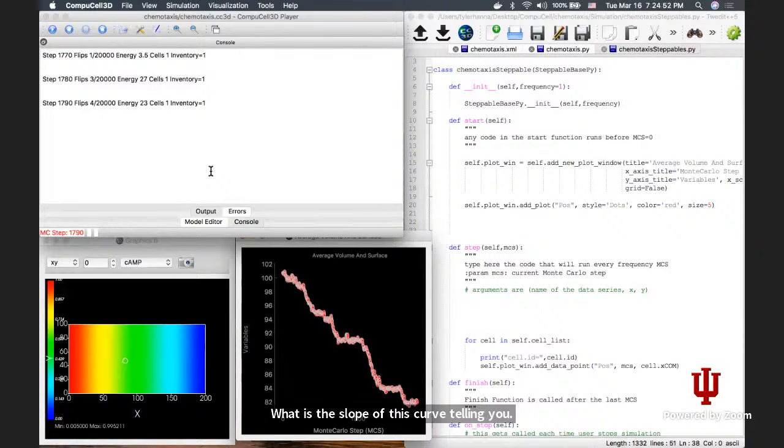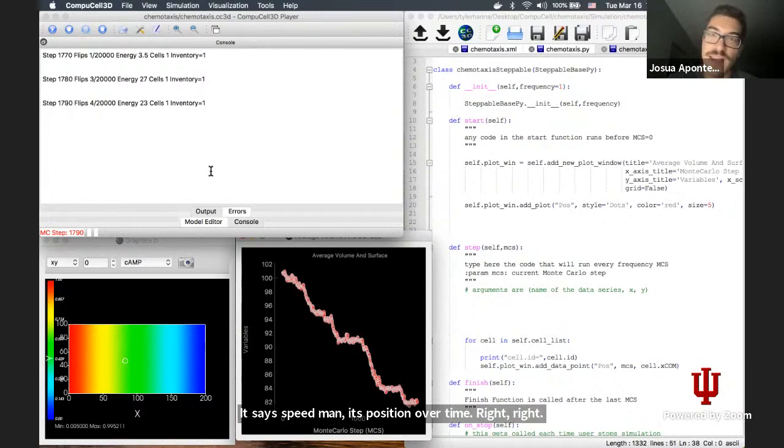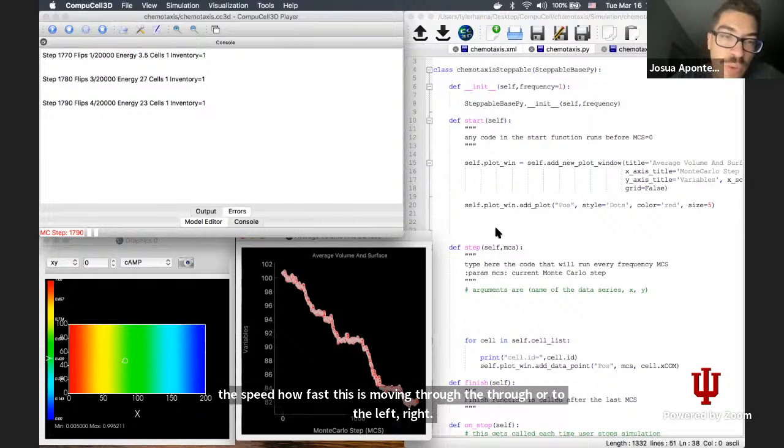It's a speed then, if it's position over time. Right, right. It's telling you how fast the cell is moving to the left, right? This is important. This is going to come in the homework.